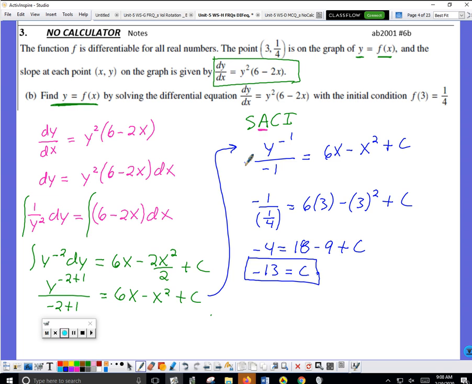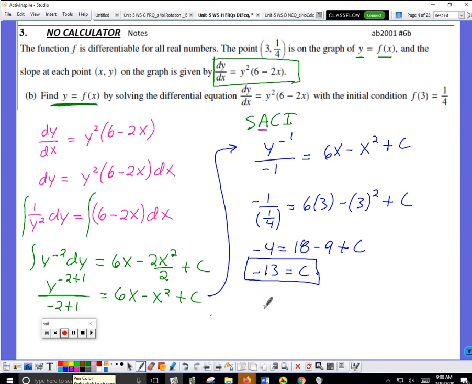Right, so remember, the big picture is, this is my formula for finding the derivative of some other formula. Solving the differential equation means finding the other formula. So I've got an equation here. I can change it to y equals. What I do is rewrite this.